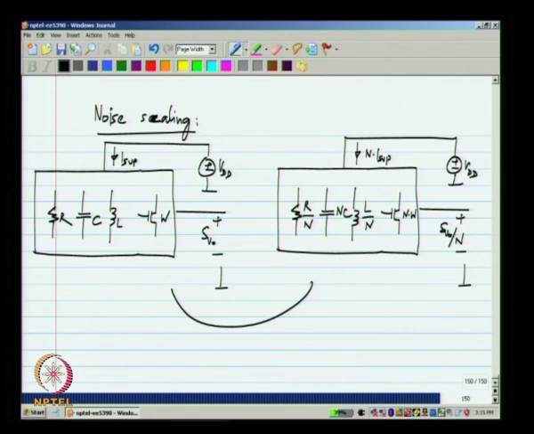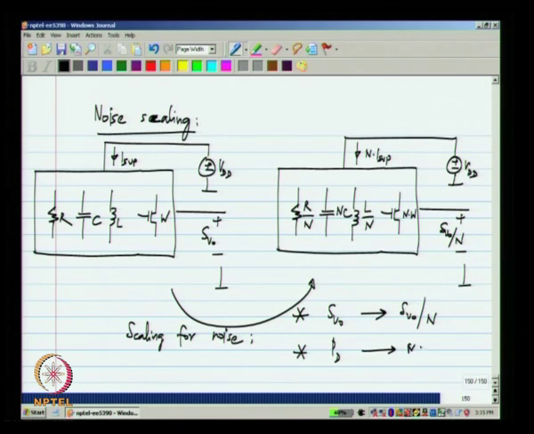So, scaling for noise, the noise voltage spectral density is 1 over n times the original, the power dissipation is n times the original, and the functionality, that is the voltages in the circuit.